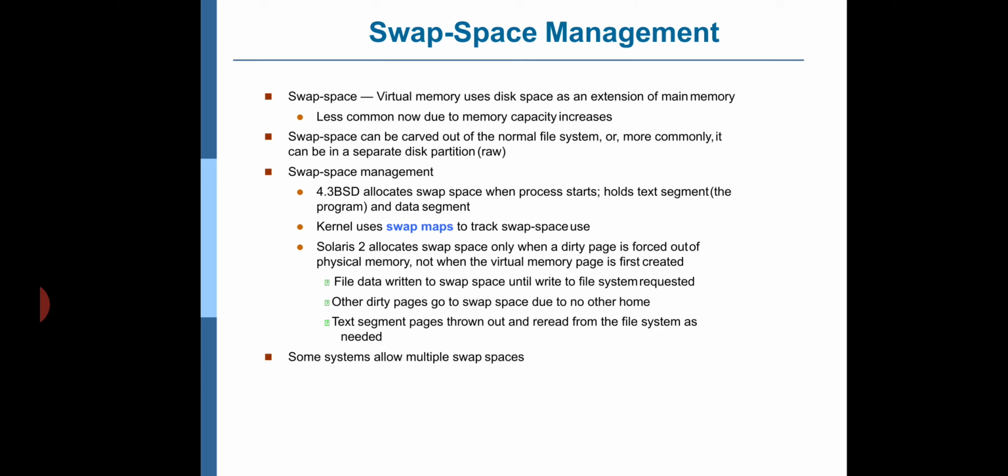File data is written to swap space until a write to the file system is requested. Other dirty pages go to swap space because there is no other home. Text segment pages are thrown away and reread from the file system as needed. Some systems allow multiple swap spaces.